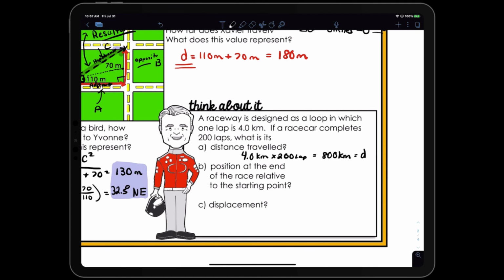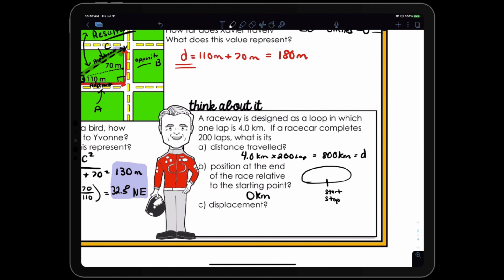The second question says position at the end of the race relative to the starting point. Well, let's get a little graphic right here. If this is the raceway and I start right here and I stop at the finish line, if we're looking at the displacement now, and I started and stopped at the exact same point, what's my change in position? 0 kilometers.